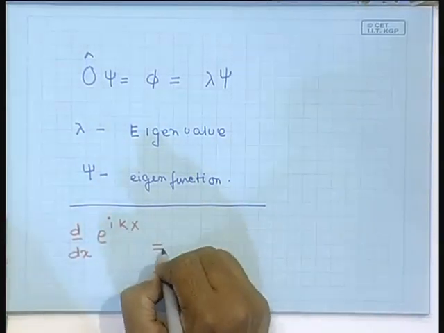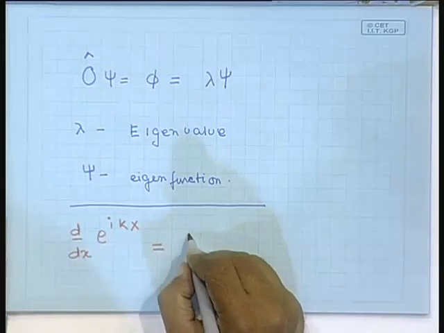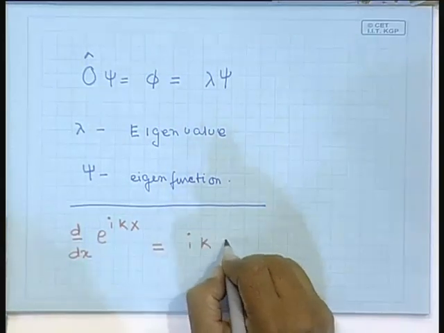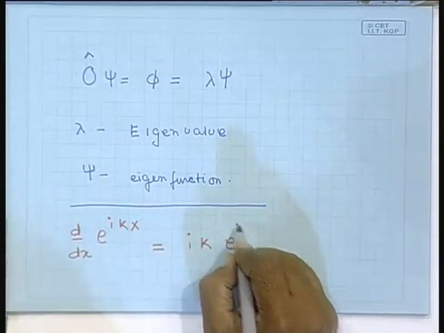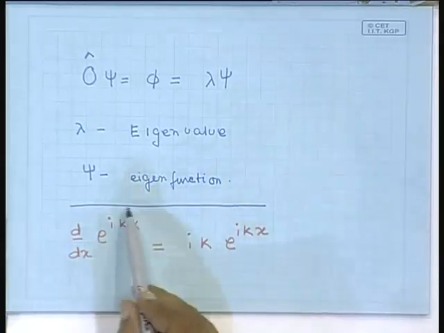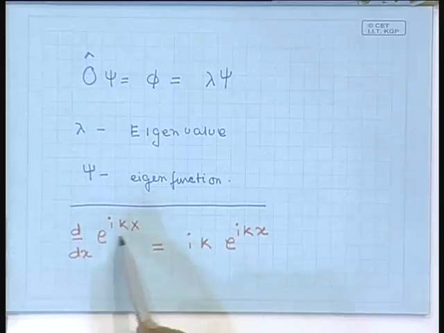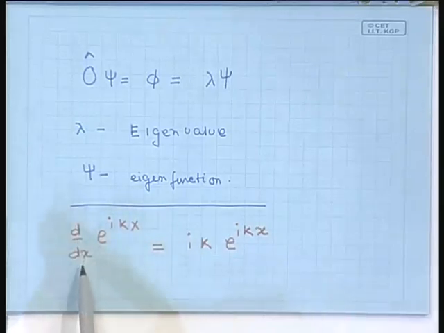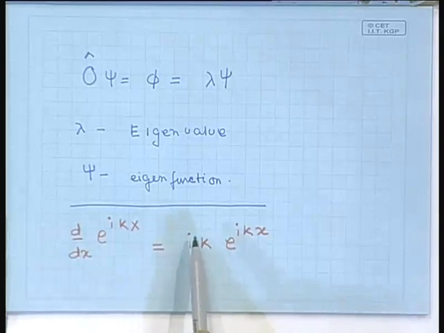This is going to give us i k into e to the power i kx. So, what we see is that the function e to the power i kx is an eigenfunction of this operator d by dx, and it has an eigenvalue i into k.